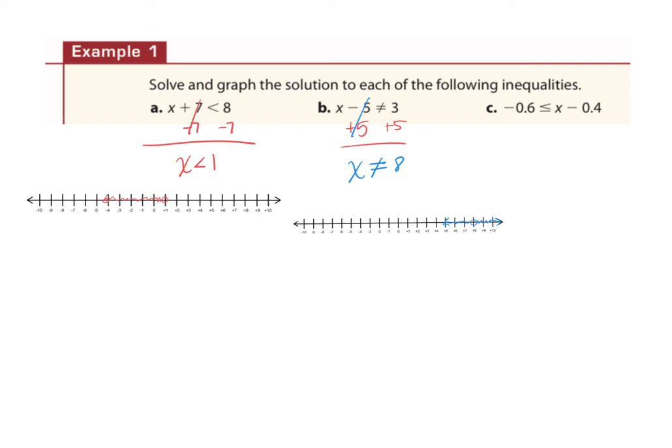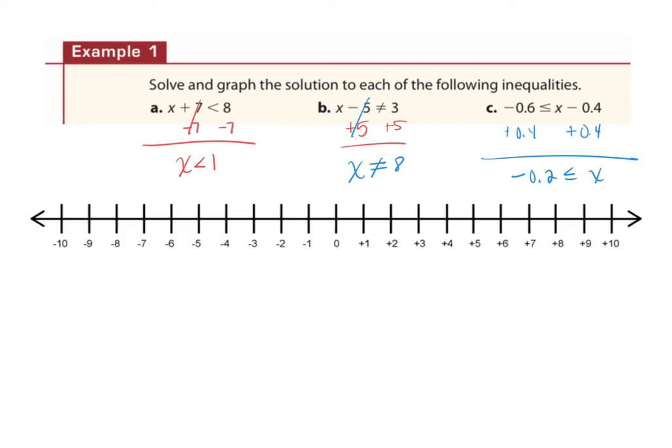It doesn't matter if it's decimals. If it's decimals, you do the same. We would add 0.4 to both sides. We get negative 0.2 is less than or equal to x. When you're graphing something like this, you need to think about where it falls.